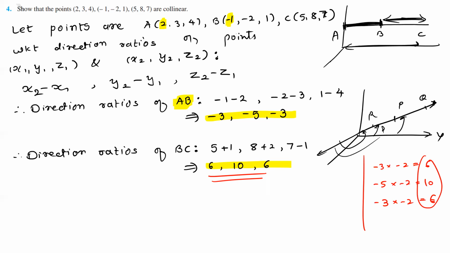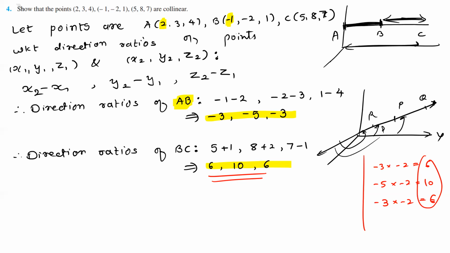If you multiply by some constant, you get the other direction ratios again. That means they are in proportion. If they are in proportion, we can say that AB and BC are collinear, on the same line. A, B, and C are on the same line.